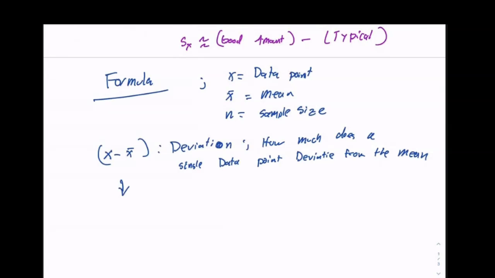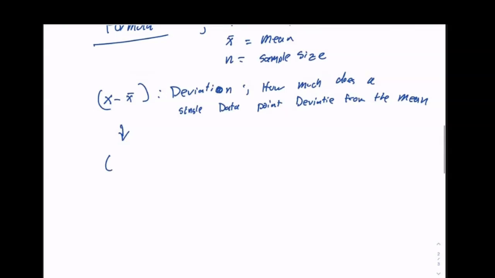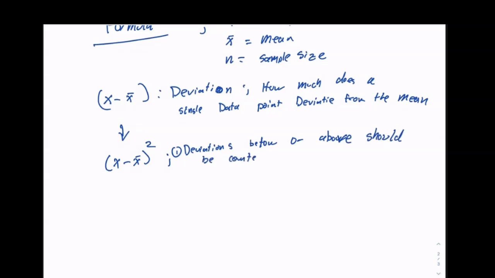The next part of the formula, we're building the formula, is that we take how much something deviates and we square it. There's two reasons we square it. One, deviations below or above should be counted the same, and if you square a number, you always get a positive.